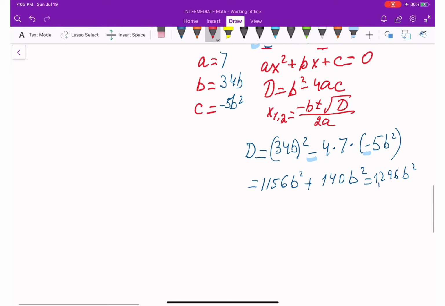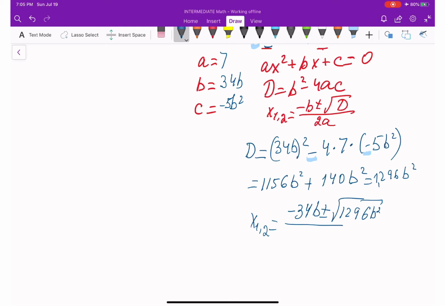All right, let's do it. x1, x2 is equal to negative b, how much is my b? 34b, which will be negative 34b, plus minus the square root of the discriminant 1,296 b squared, right?